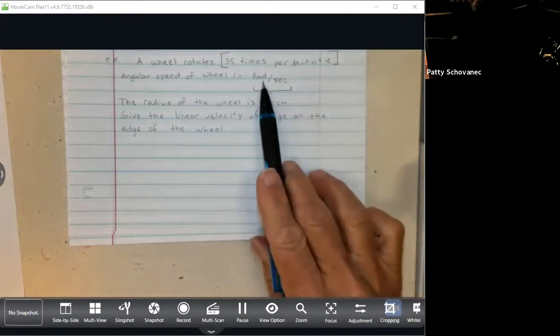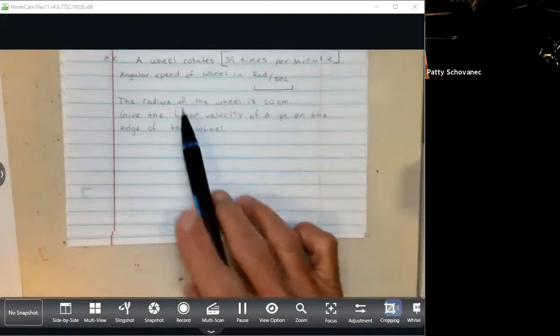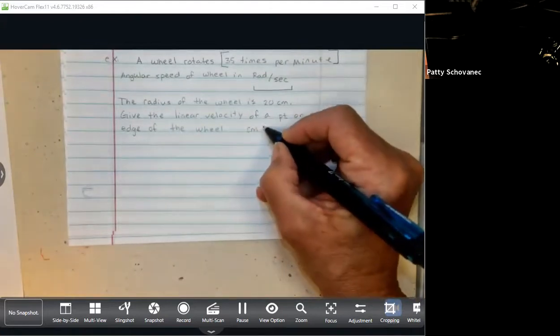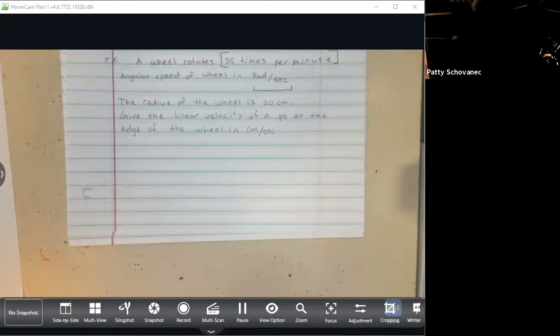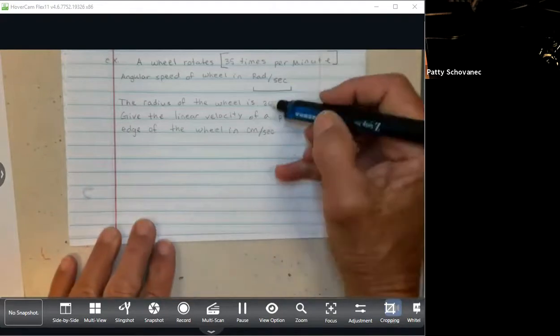And since this is going to be in radians per second, let's do our linear velocity in centimeters per second. So the first part is simply changing units. And how do you find linear velocity? Take your angular velocity, multiply by the radius.